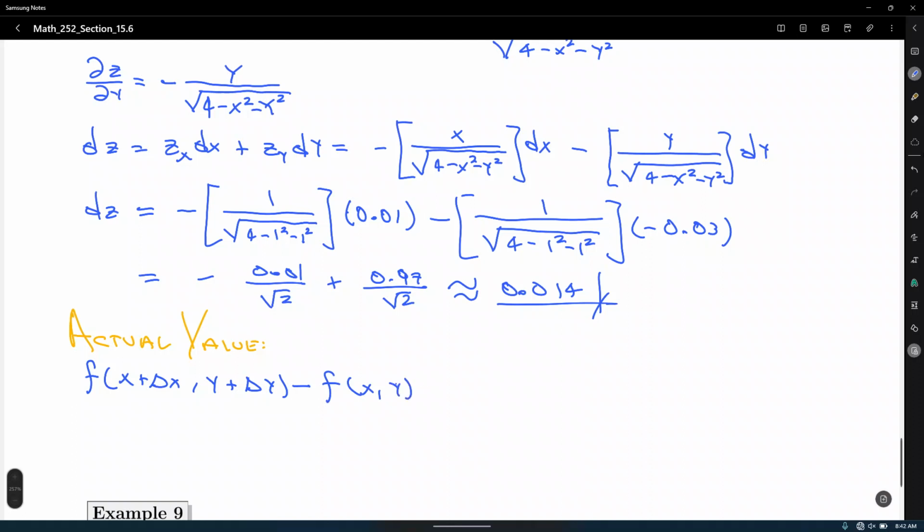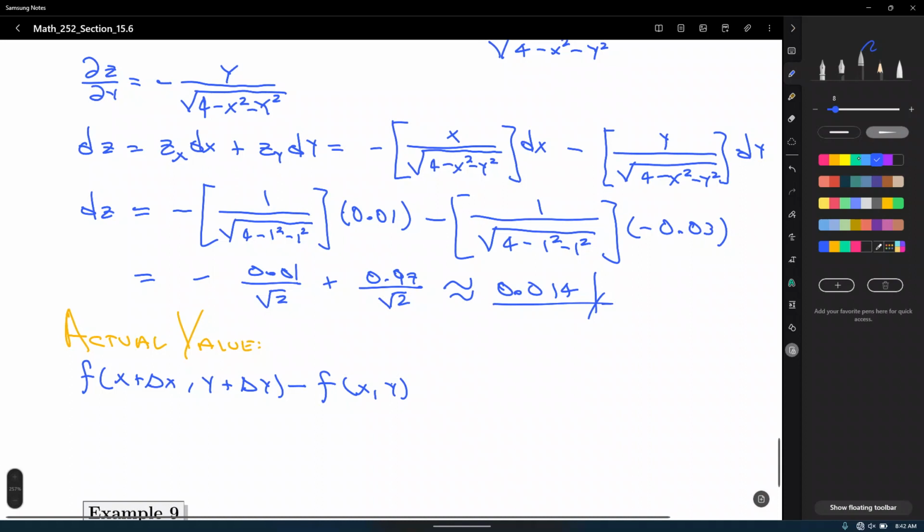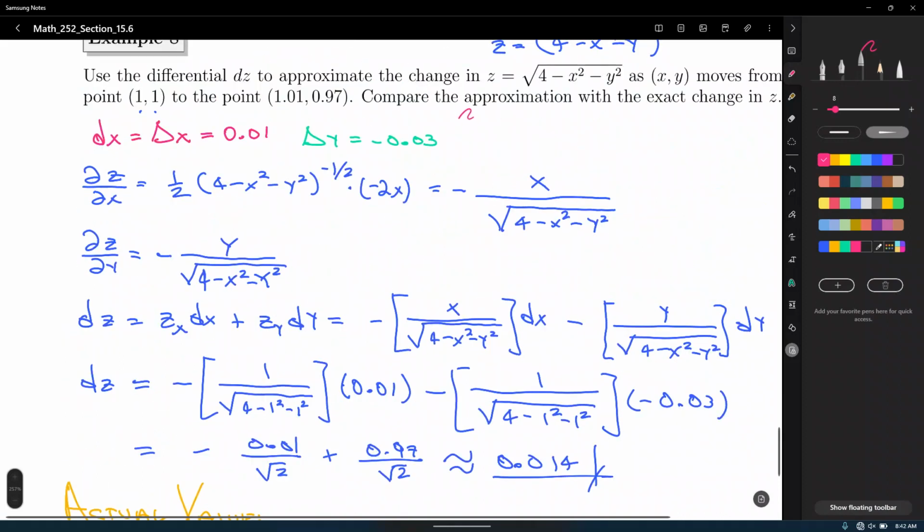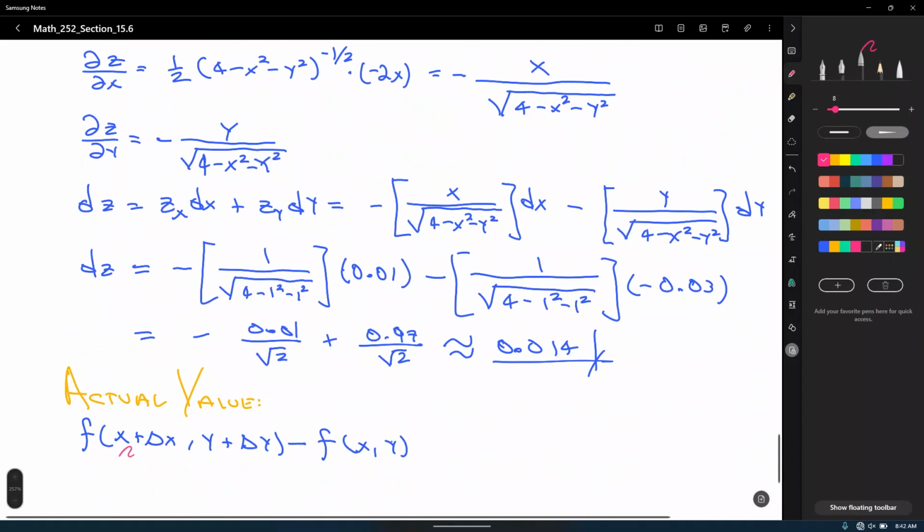Okay, let's see what this is. In this case, the x plus delta x will be taking into account the entire 1.01, because x is 1 and the delta is 0.01, isn't it?